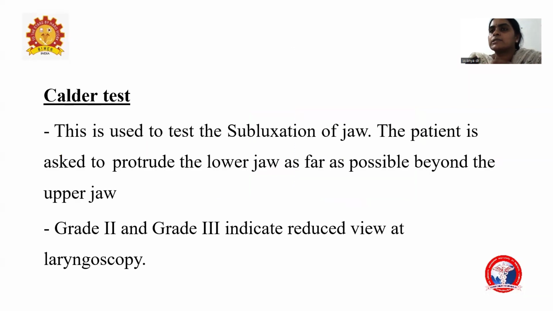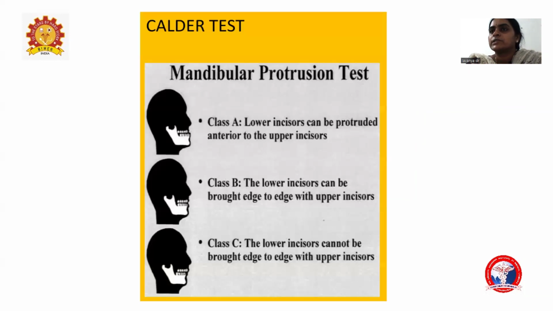The Calender test is used to test the subluxation of the jaw. The patient is asked to protrude the lower jaw as far as possible beyond the upper jaw. Grades 2 and 3 indicate reduced view at laryngoscopy. So this is the mandibular protrusion test or the Calender test.